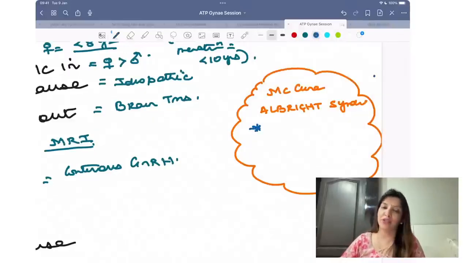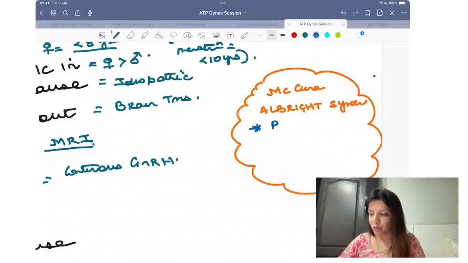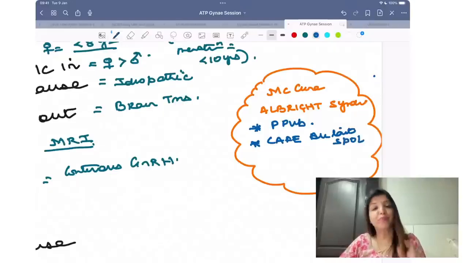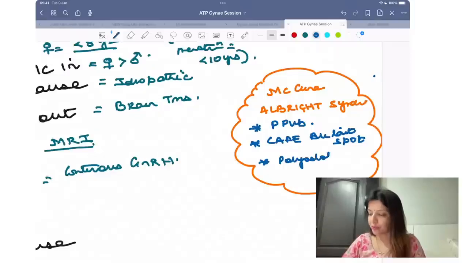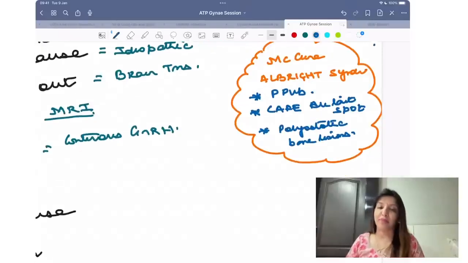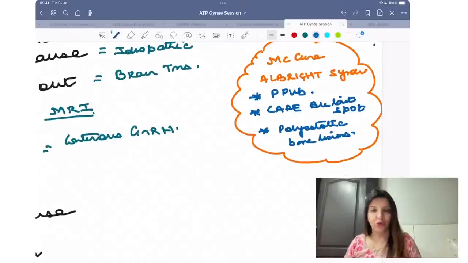You get precocious puberty, you get cafe au lait spots on skin, and bone lesions. What are those bone lesions? Polyostotic bone lesions. Right? So this is McCune-Albright syndrome. Clear to all of you?